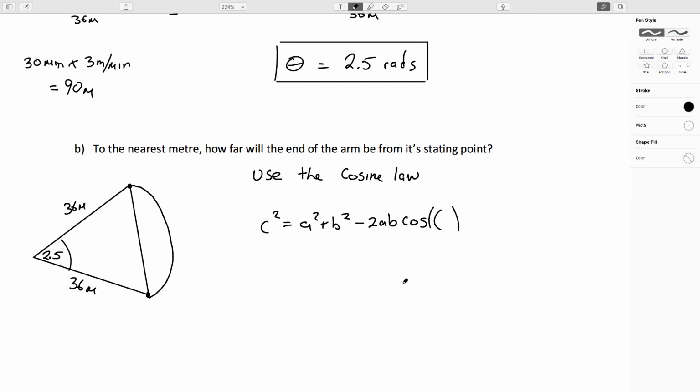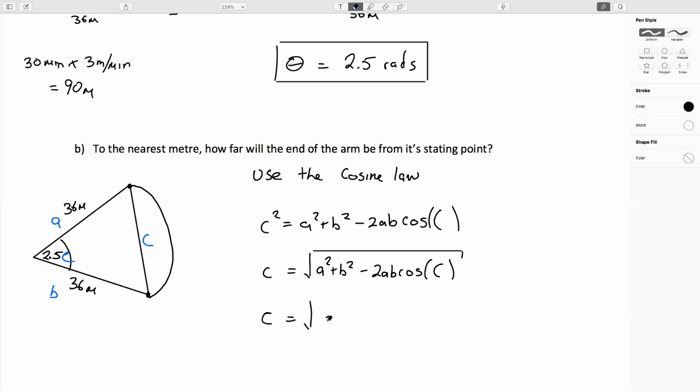Okay, so let's put in what we know. I suppose we should probably label our sides. Call this side C, A, B, and this will be angle C. So that means c equals the square root of a squared plus b squared minus 2ab cos C. Put in our numbers. c equals the square root of 36 squared plus 36 squared minus 2 times 36 times 36 cos 2.5.